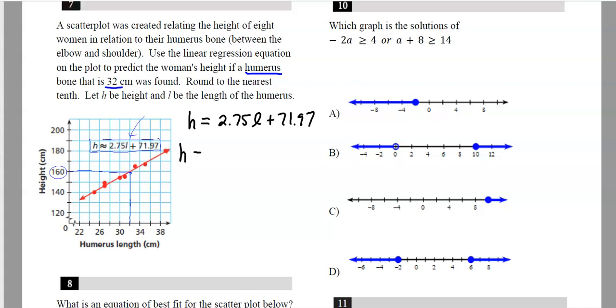So H is going to be 2.75, and my 32 is going to get dropped in right there because that's the X value, or the L value in this case. H is over here. I've got to crank it out on my calculator. 2.75 times 32 plus 71.97 equals, and I get 159.97.